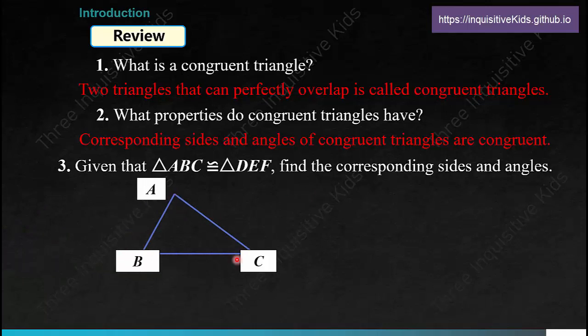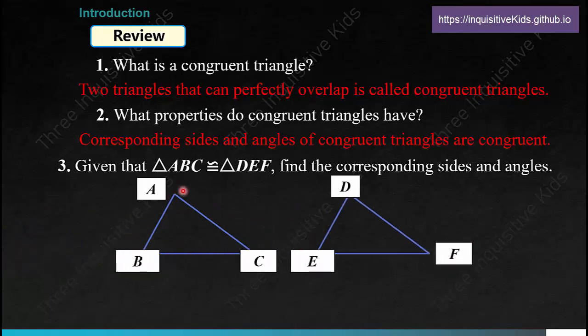So over here we have triangle ABC, and over here we have triangle DEF. So first, AB is equal to DE. Second, BC is equal to EF. CA is equal to FD. Angle A is equal to angle D. Angle B is equal to angle E, and angle C is equal to angle F.